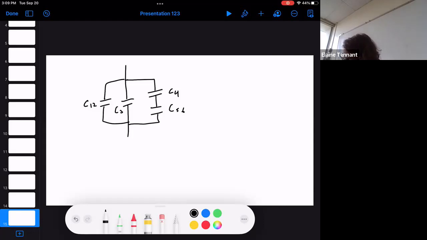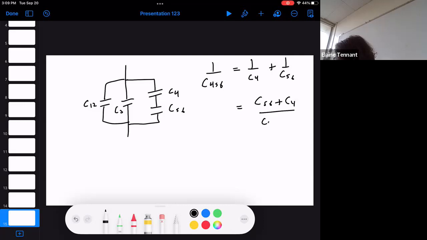Good, okay, so now I will find the equivalent of C4 and C5,6. That'll be 1 over C4 plus 1 over C5,6. Again, we'll say C5,6 plus C4 over C4 times C5,6, and then invert it.